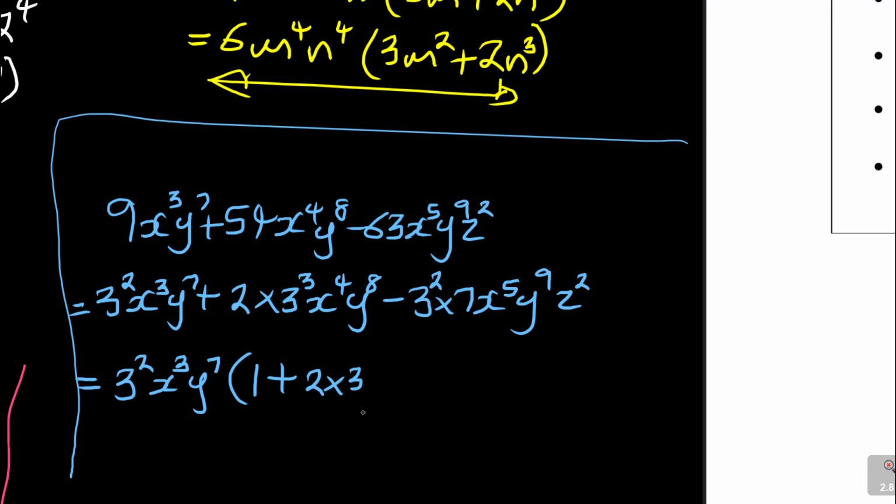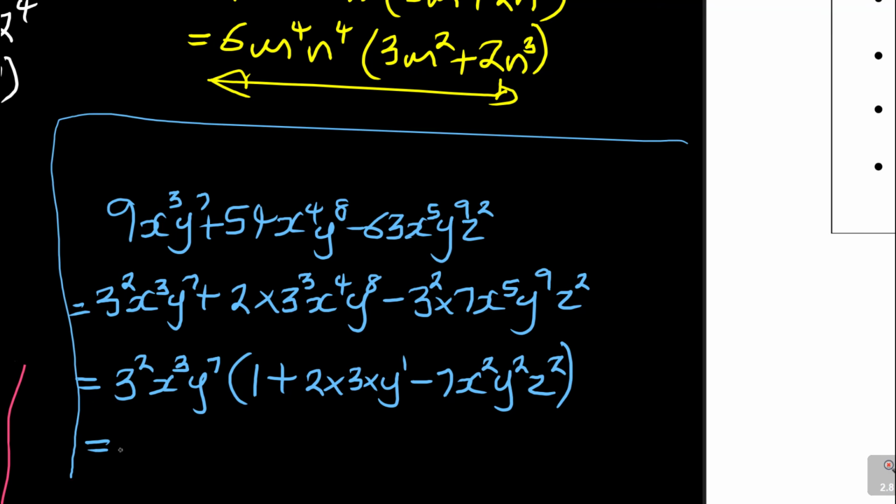Then y7, y8, what is remaining is only y to the power of 1, because 8 minus 7 is 1. Minus 3 squared, that goes, but 7 remains. See that? So it's 7, x3, x5, how many are remaining? 5 minus 3, it's 2. And then y7, y9, 9 minus 7 is 2, and z squared.